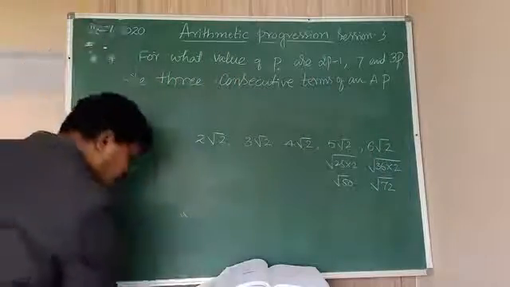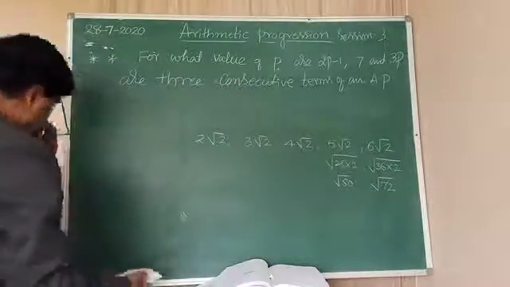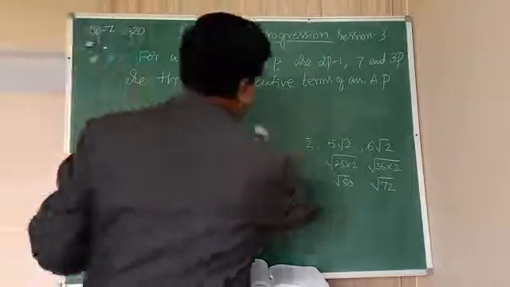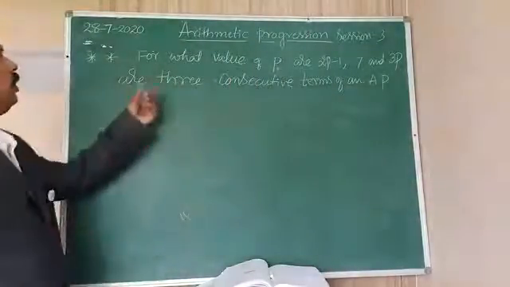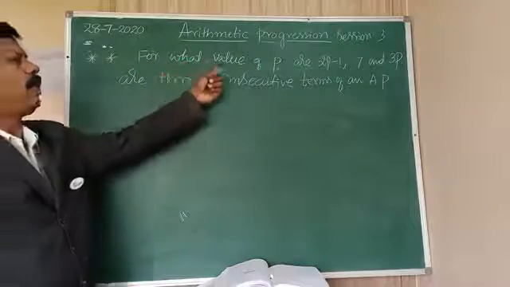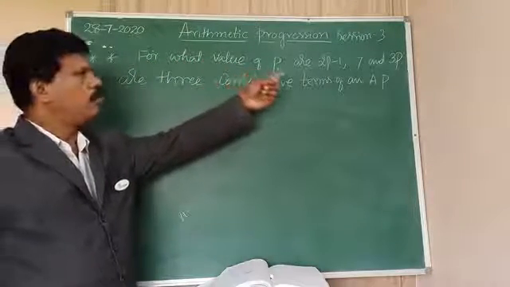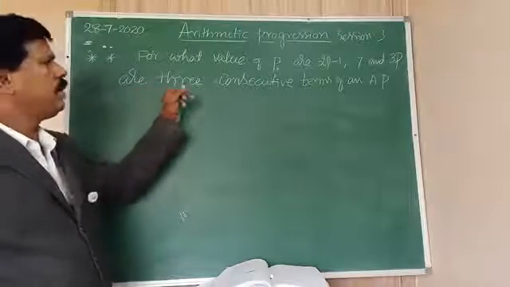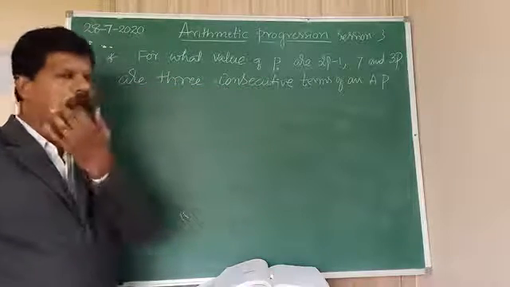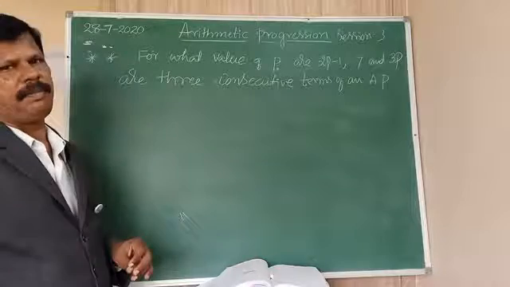So this is the question. Now read the question carefully. For what value of p are 2p minus 1, 7 and 3p three consecutive terms of an AP.